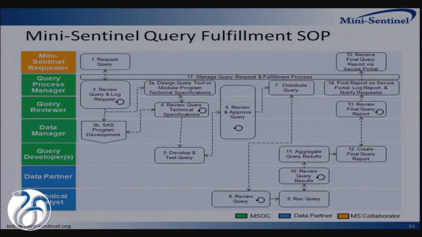So I won't take you through all the steps, but it's not small work. On the other hand, we are processing hundreds of queries a year now from FDA, and it's possible to do this on something that starts to approach reasonable production levels that can support a national system for post-marketing safety surveillance.